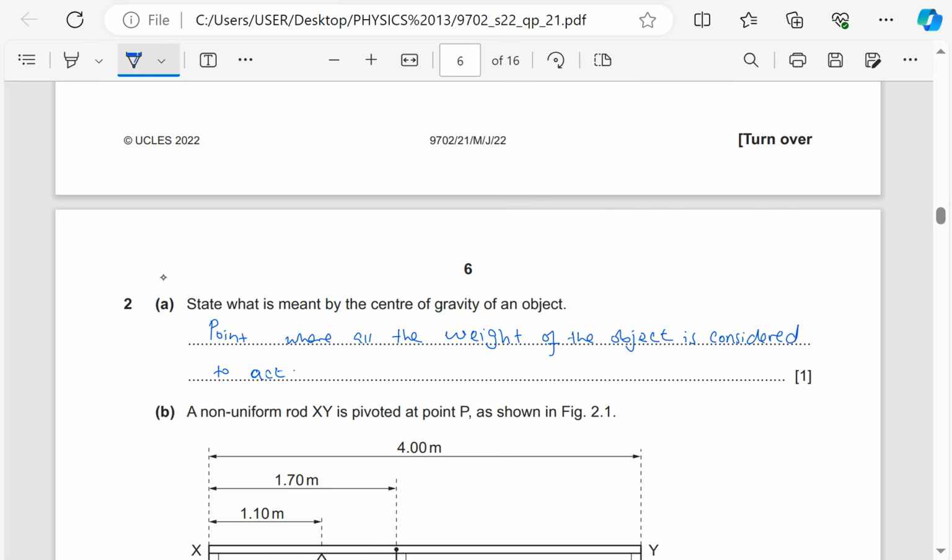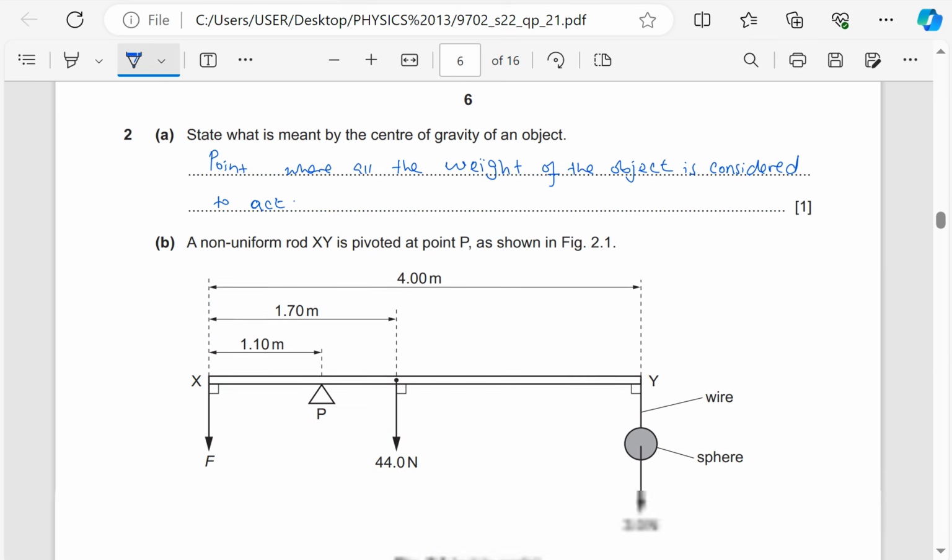So there's always a point where all the weight of the object is considered to act, or is taken to act. And whenever the object is suspended at that point, it remains in equilibrium. So that is what we call the center of gravity.